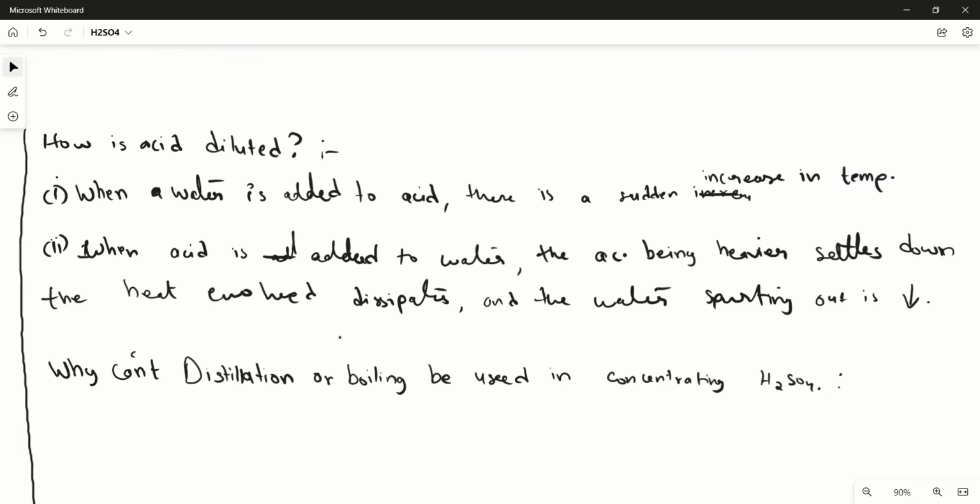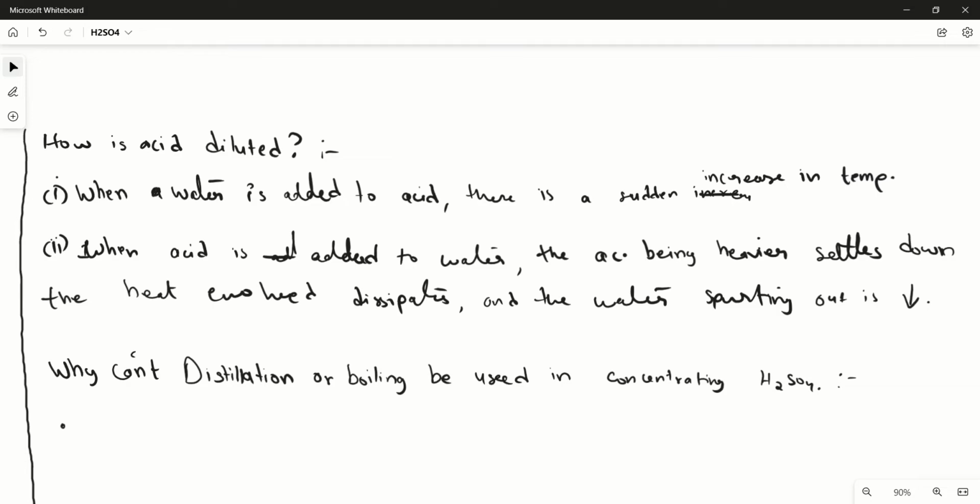Basically, an aqueous solution of sulfuric acid forms a constant boiling mixture at 338 degrees Celsius, containing 98.5% of the acid. A constant boiling mixture is one which boils without change in composition.